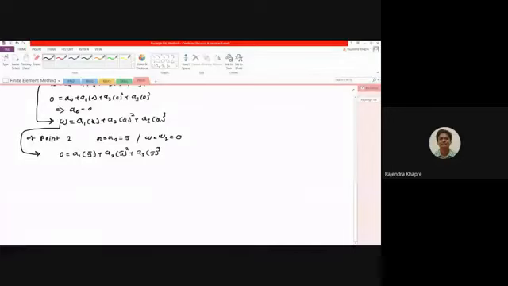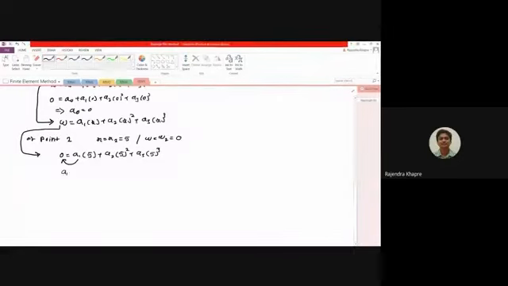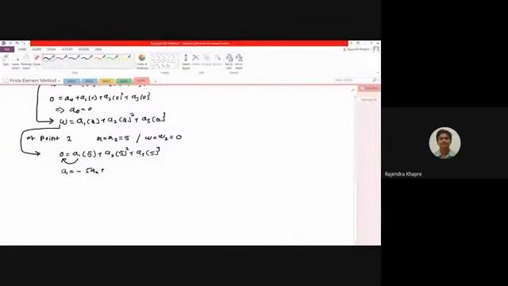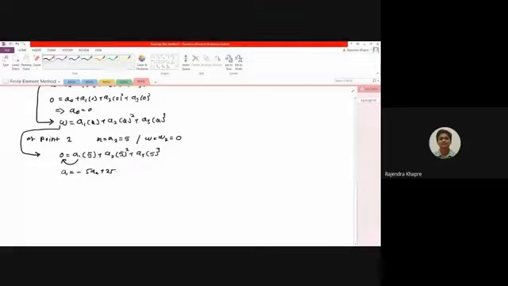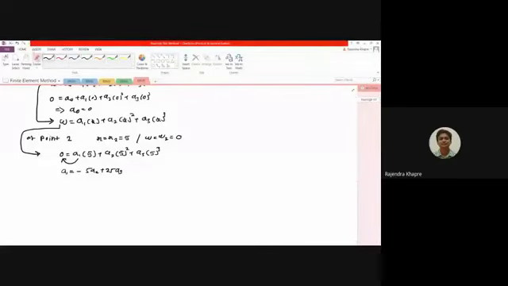So this is how you can get the expression. Now we can take this over here and divide the entire thing by 5. If you divide the entire thing by 5, you can get the value of a1 as minus 5 times a2 plus 25 times a3. Okay, I think this should be negative, not positive.